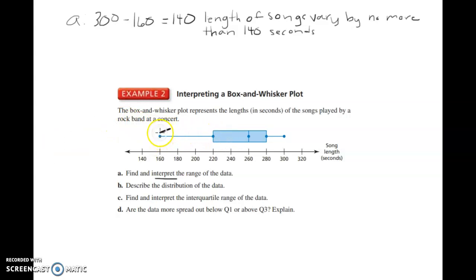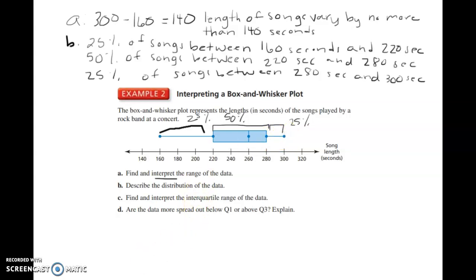So we're going to say that 25% of the data, or 25% of songs are between 160 seconds and 220 seconds. And 50% of songs are between 220 seconds and 280 seconds. And 25% of songs are between 280 seconds and 300 seconds.